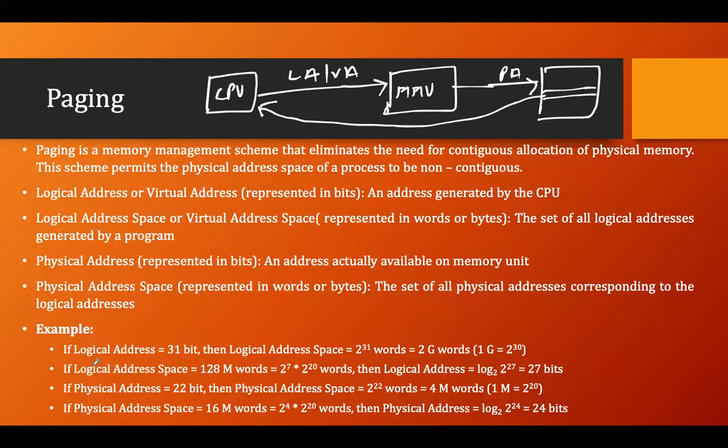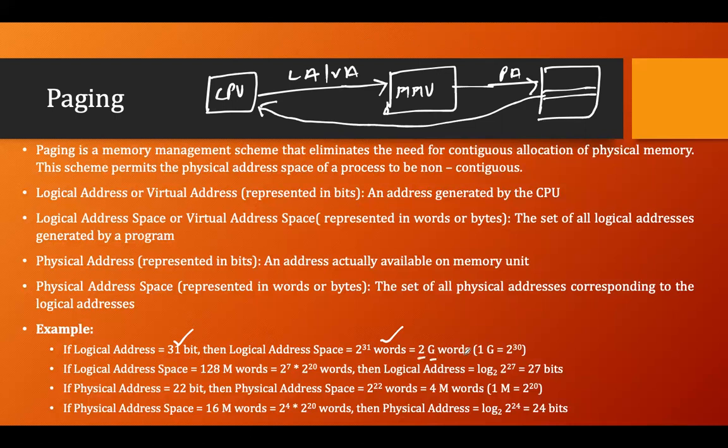Now let's talk about the logical address. Let's say the logical address generated by the CPU is 31 bits. Then the logical address space will be 2 to the power of 31 words. It means that we have 2 gigabytes of words.